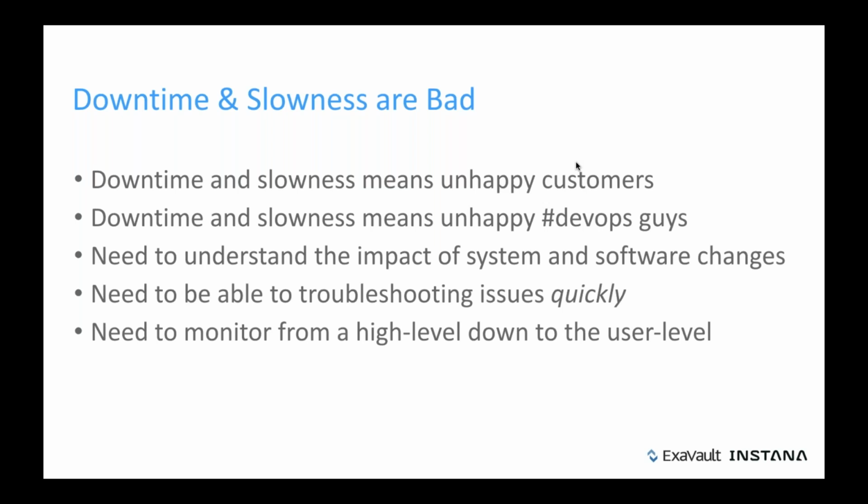So our customers notice very quickly, and we need to be able to troubleshoot issues very quickly, get in and figure out what's going on and get it fixed. And then not as obvious, and I think this is a little bit more on the cutting edge level, is the ability to monitor down to the user level. Most APM systems can monitor things at a high level.